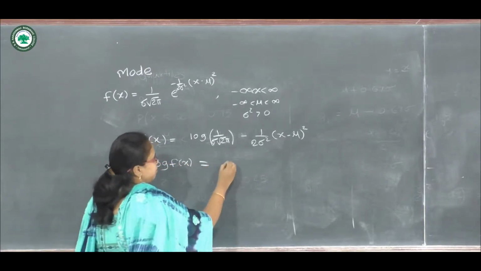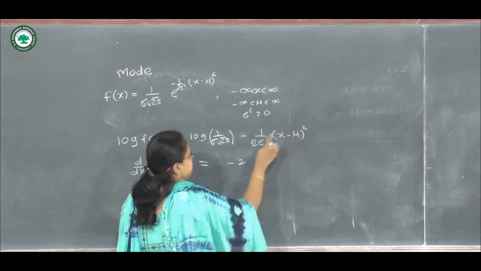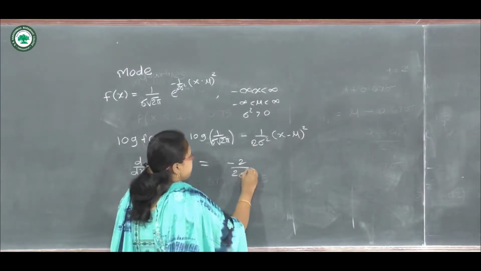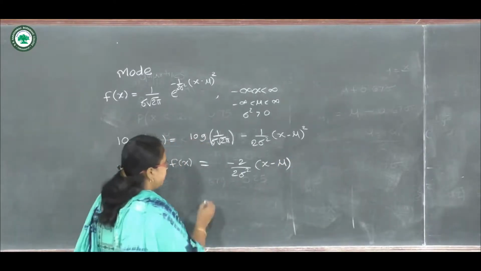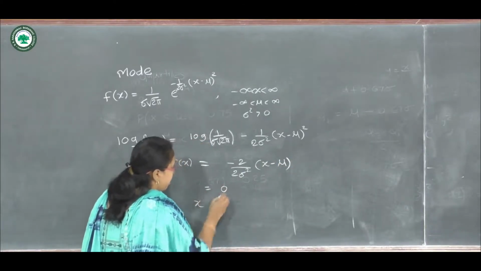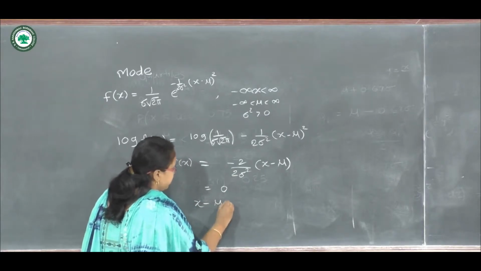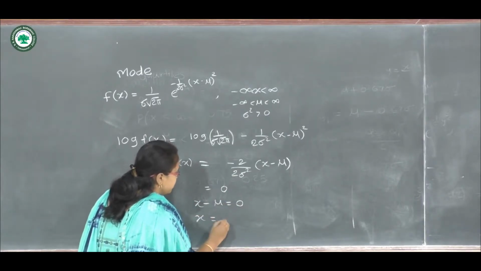So we will have this 2 here and x minus mu. Now we will equate it to 0 and we will have x minus mu equal to 0, meaning x equals mu.